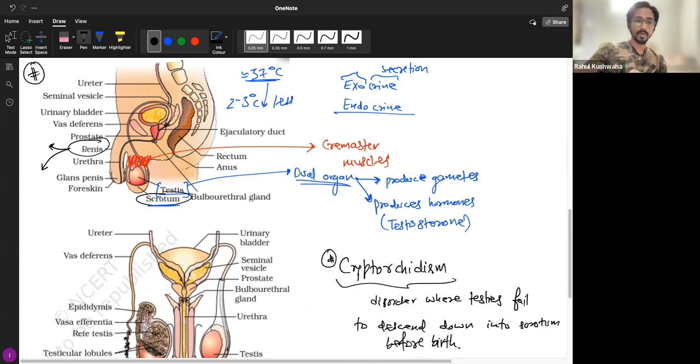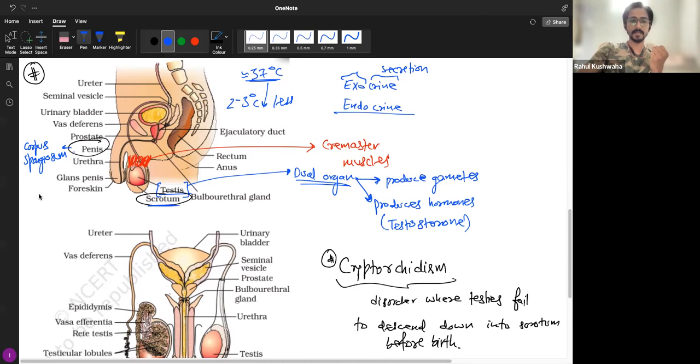Now it's made up of two kinds of tissues. One is called corpus spongiosum, like a sponge. So what happens to a sponge when it absorbs water? It inflates, right?